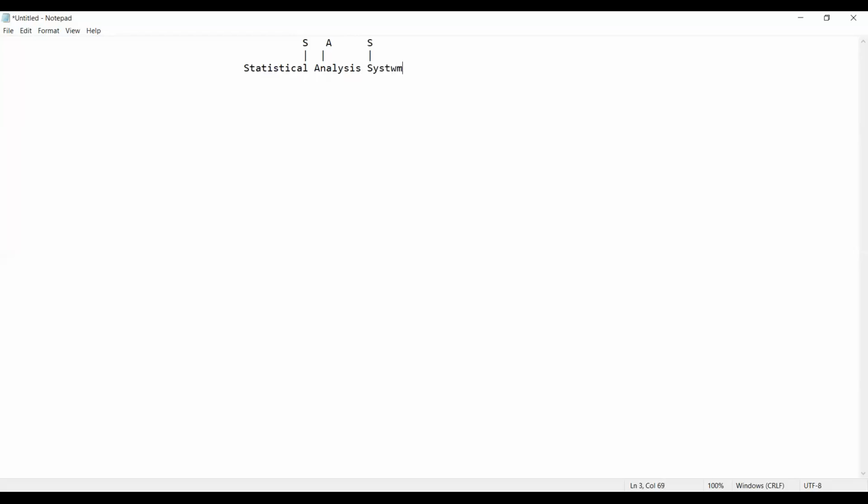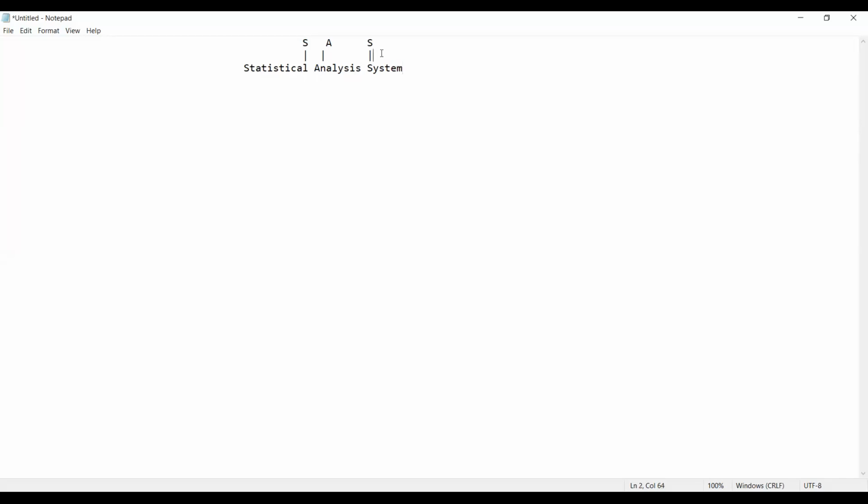This is the standard name which is given here, whereas actually the SAS software released their first version in the year 1976. It's been in the market since 1976.